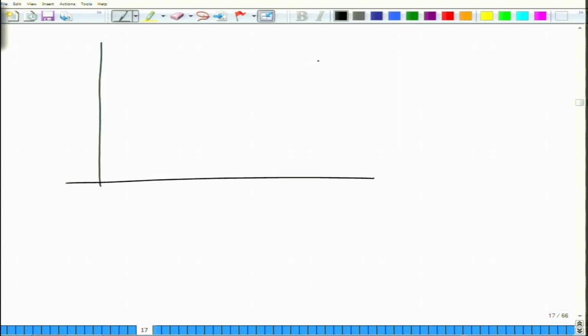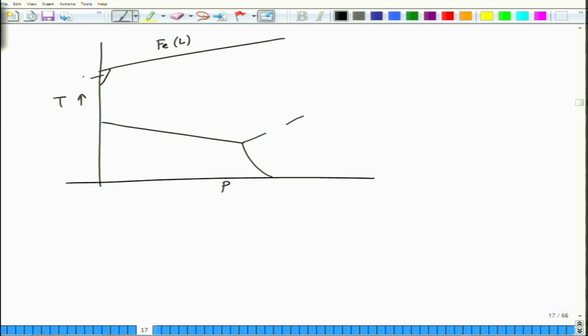Okay. So pure iron has a temperature versus pressure phase diagram. So it shows various phases. At high temperature you have the liquid phase, then you have delta, then gamma, then alpha, then epsilon.